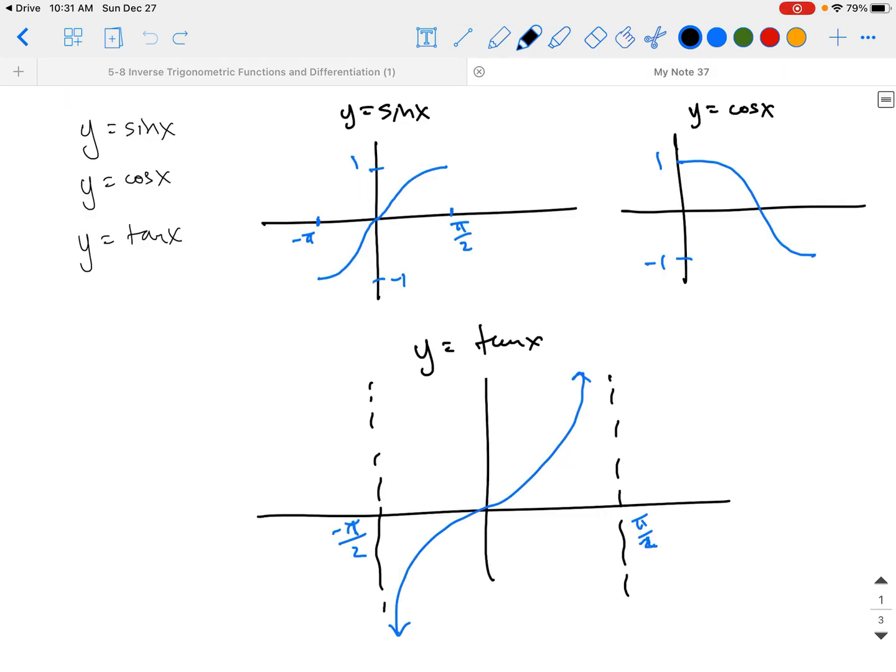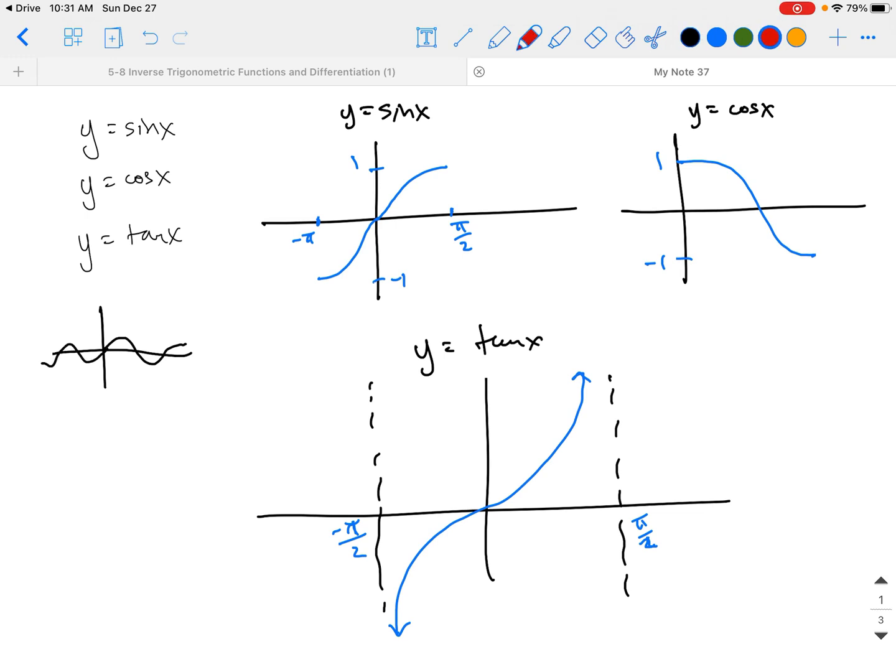So we'll just remind ourselves here of what those trig functions are. When we define sine, cosine, and tangent, those functions in and of themselves, so sine for example, are periodic. So they keep repeating.